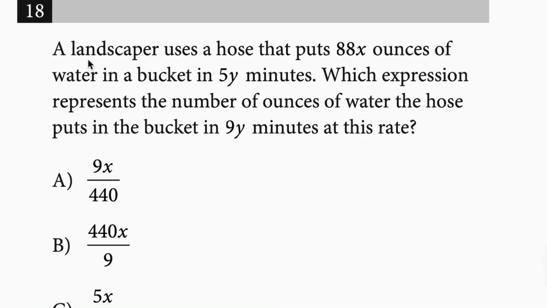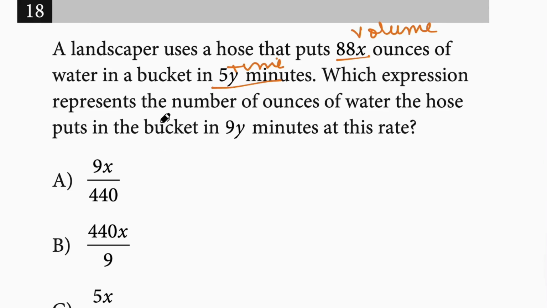Okay. Question number 18. A landscaper uses a hose that puts 88 ounces of water in a bucket in 5 minutes. So this one is some volume and this one is time.